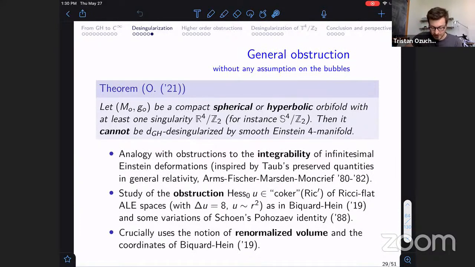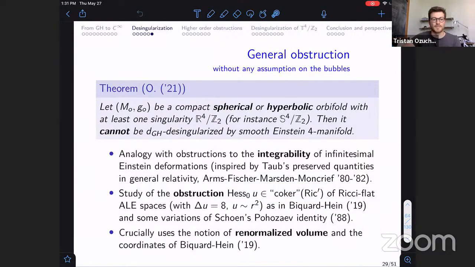Another important aspect is that I look at a particular obstruction, which is the one that will not vanish. And this is the one coming from the function that Hayo mentioned on Tuesday. So I rely a lot on the work that he did with Olivier Biquard. The main remark is that the traceless part of the Hessian of this function is in my co-kernel.